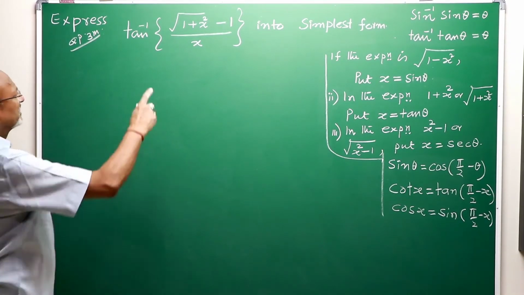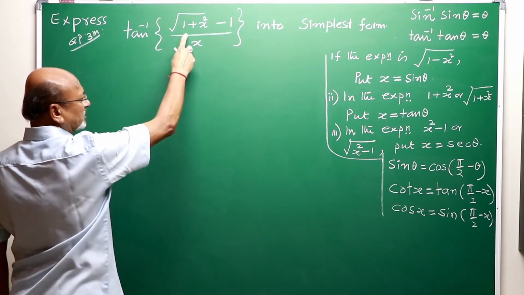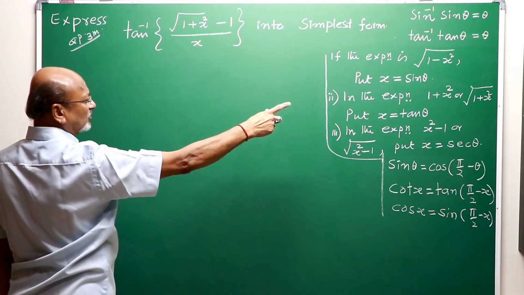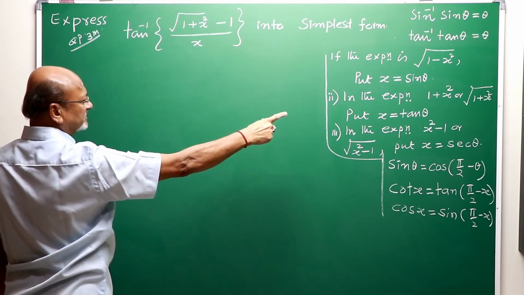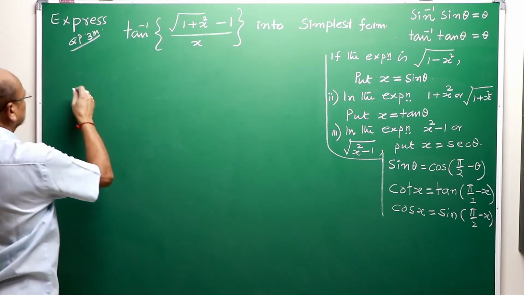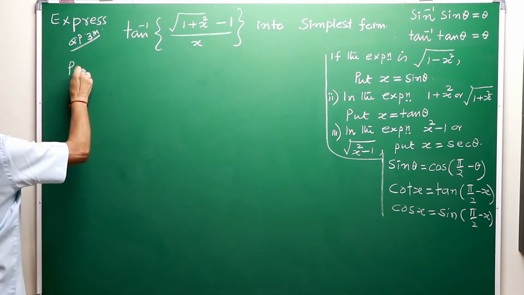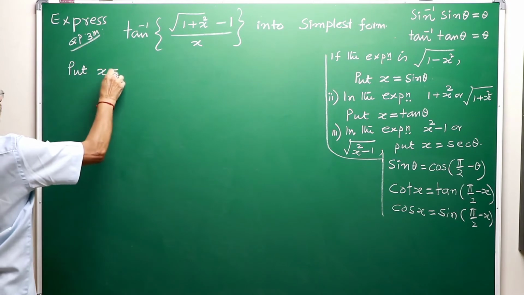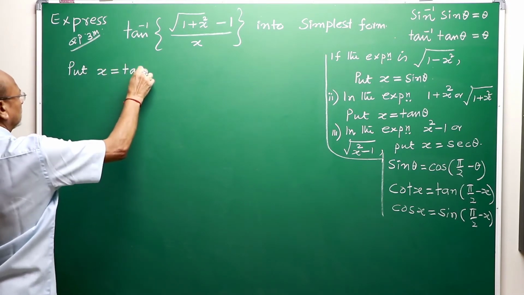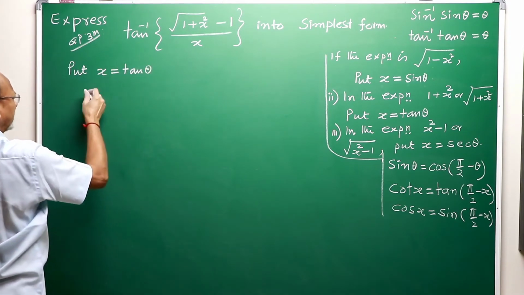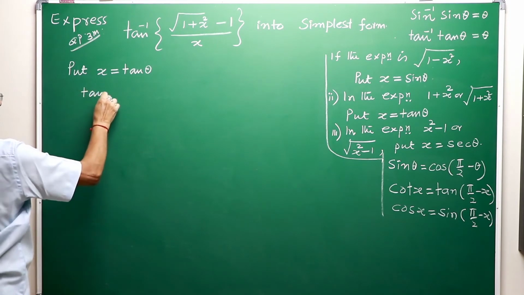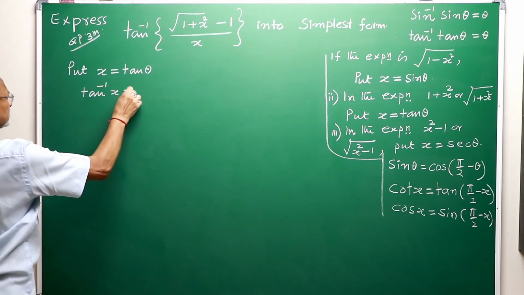Look at the expression. It contains root 1 plus x square, so x must be tan. Put x equal to tan theta. Then tan inverse x is theta.